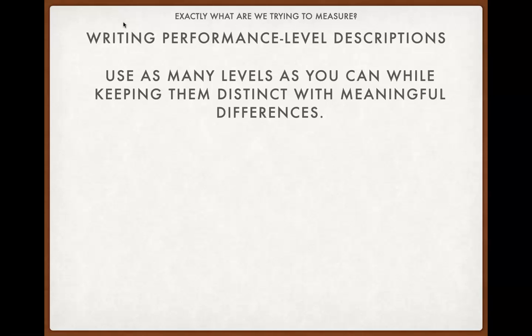Again, key process here in your thought process as you write these levels for your rubric: use as many levels as you can while keeping them distinct from each other so that they don't overlap, with meaningful differences between the levels.